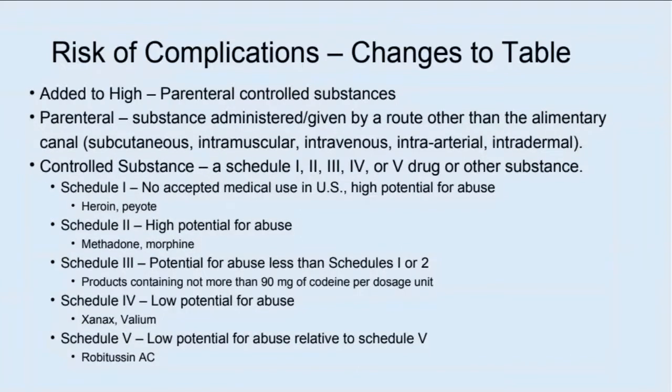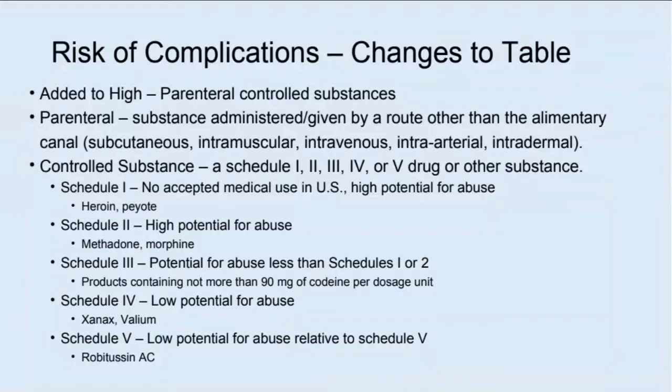There's Schedule 1, 2, 3, 4, and 5 drug substances. Here are some examples of them. Schedule 1, high potential for abuse, no medical use in the United States. Heroin. The patient is not going to be prescribed heroin or peyote. Schedule 2, high potential for abuse, methadone, morphine.